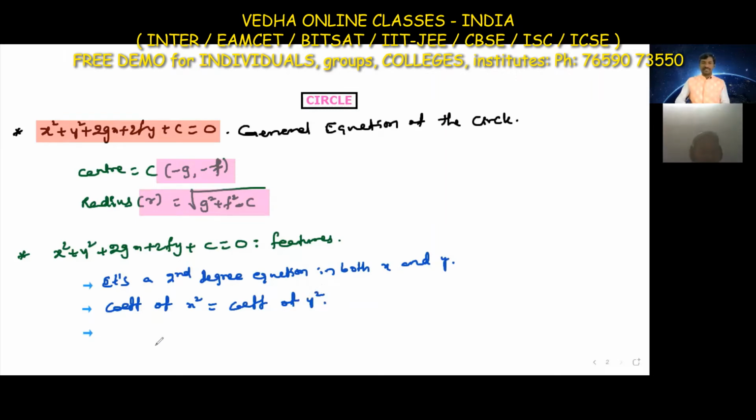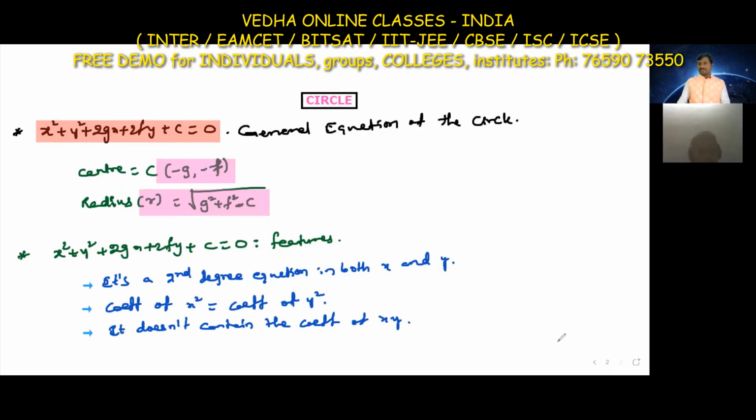Okay, so the third feature is it does not contain an xy term. So these are the properties of the general equation x square plus y square plus 2gx plus 2fy plus c is equal to 0.